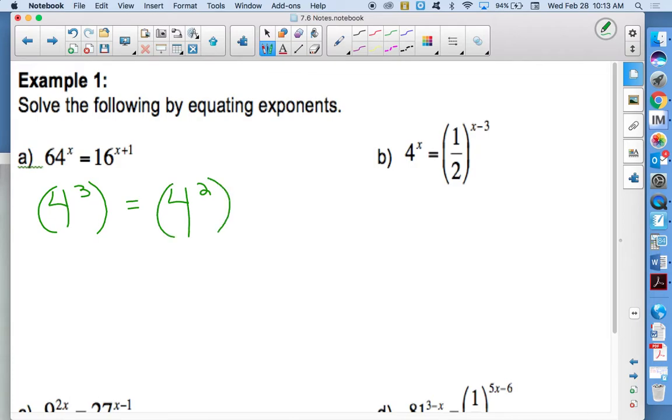So working with exponents, we've been trying to change numbers and write them with the same bases, write them in exponential form. And that's what you're going to do with these problems. So can you take the numbers that they give you and change it so that it's as an exponent? So the 64 still has an x. The 16 had an x plus 1.